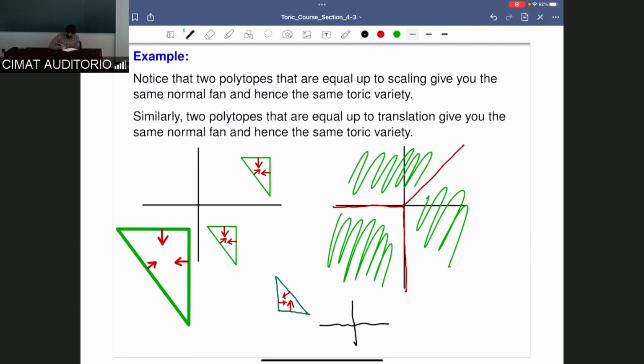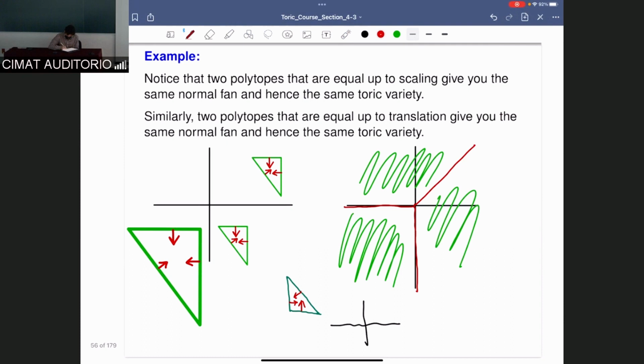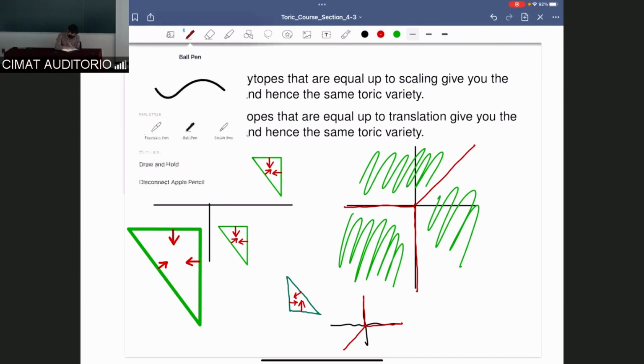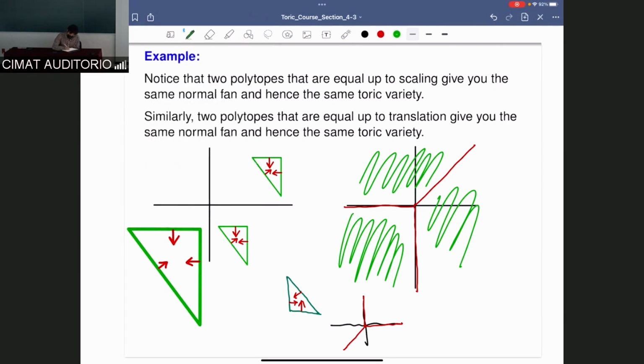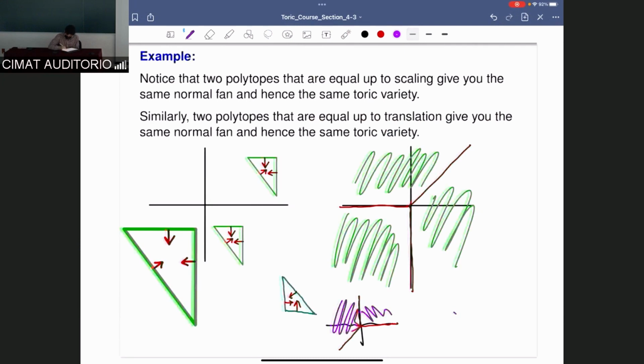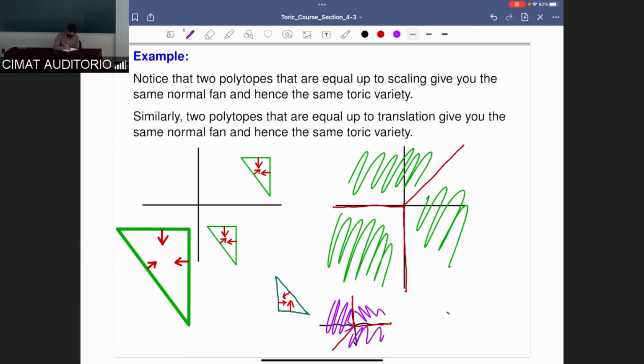When you do it for the facets, you would get this one. For the other facet, you get this one. For the other facet, you get this one. And when you do it for the vertices, you get this guy, not that one, this one, and this one. And when you do it for the whole thing, you get the zero cone.